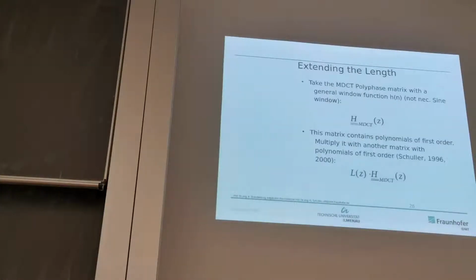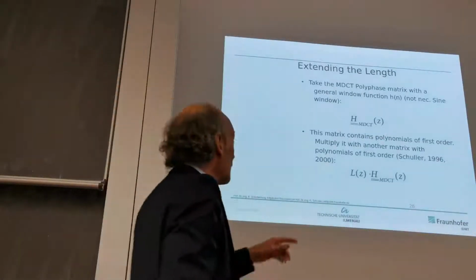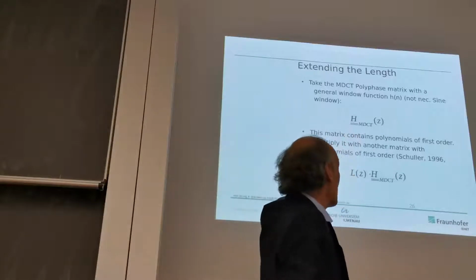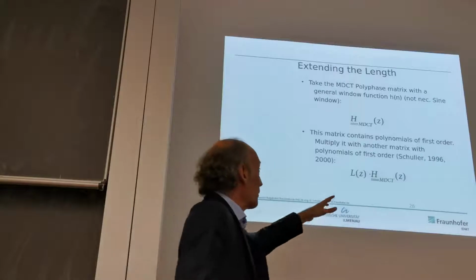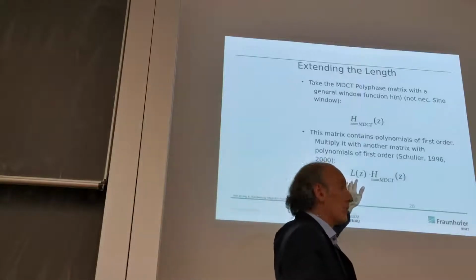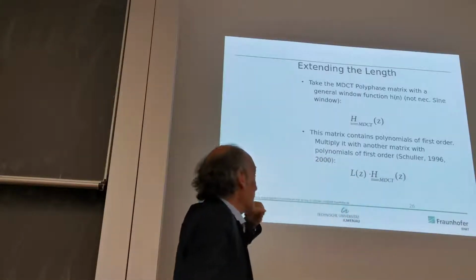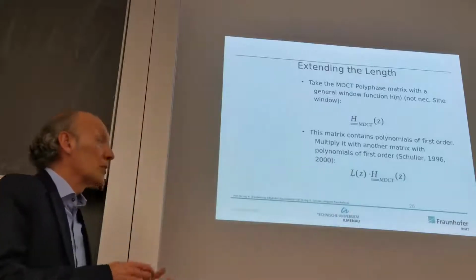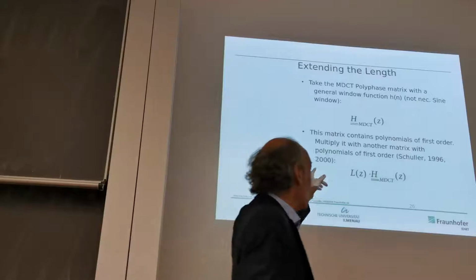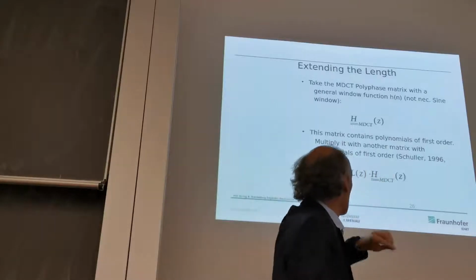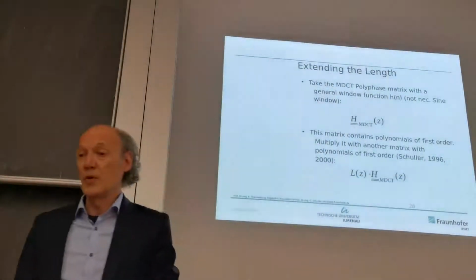So we start with a polyphase matrix of an MDCT, H_MDCT. And then we multiply this polyphase matrix with some matrix L(z), right? And this should be a matrix of first order. And you can read more about it in one of our early papers from around 2000.